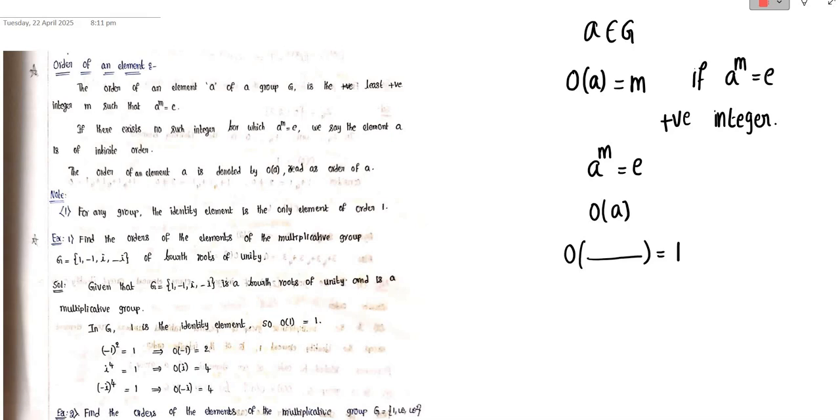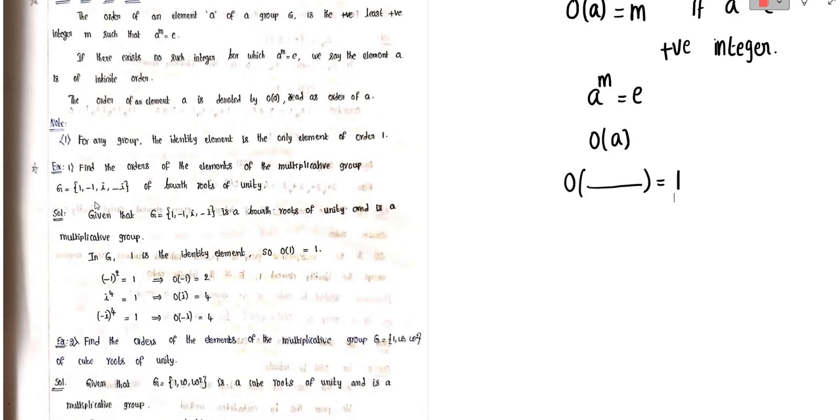Now we can find the orders of each element of the fourth roots of unity. So observe, the fourth roots of unity means it is 1, minus 1, i, minus i.